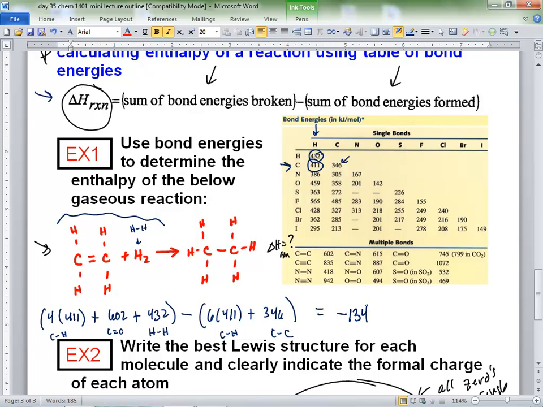Do you see the units? Right up here. Kilojoules per mole. So that is a what reaction, Lauren? Endothermic or exothermic? Exo. It's giving off heat. So it should happen. It should be spontaneous.